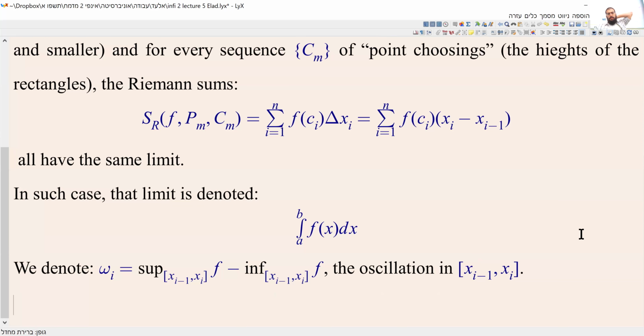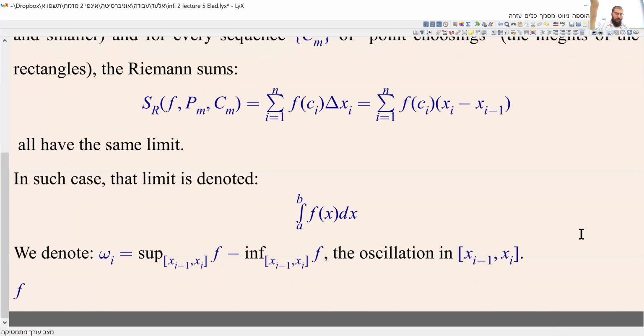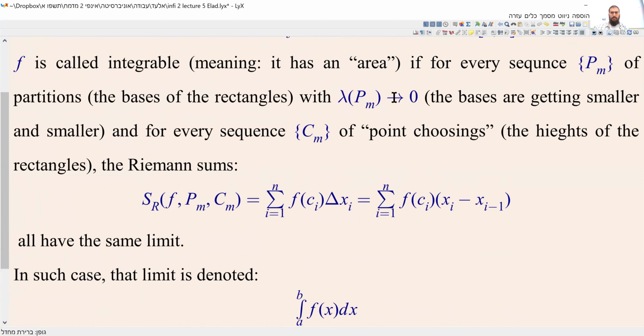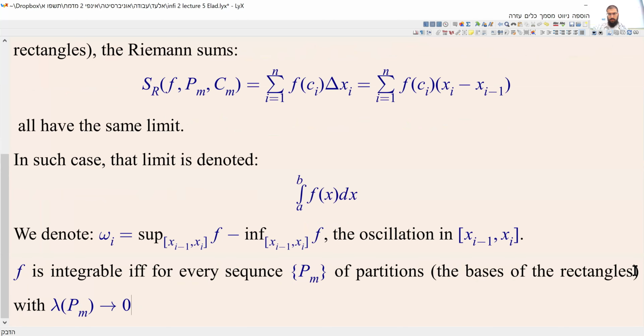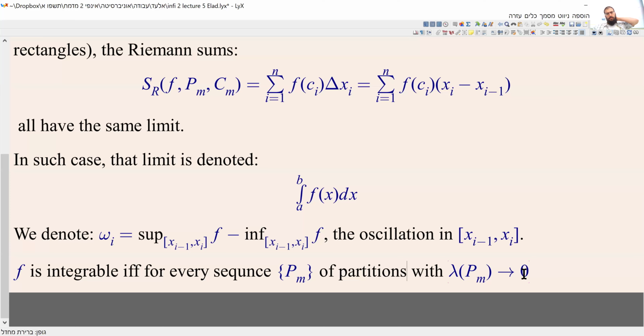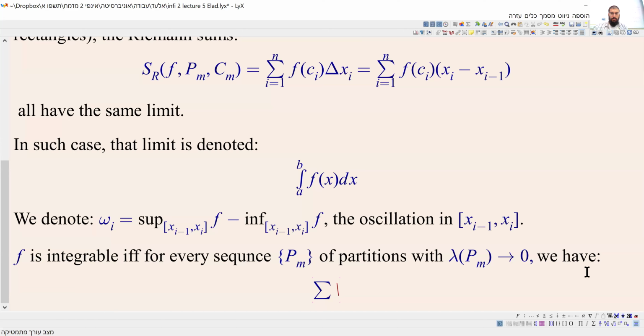We said that f is integrable, meaning all the sums go to the same limit, if and only if for every sequence of partitions PM with a parameter that goes to 0, we have that the sum of the oscillations times delta xi goes to 0.